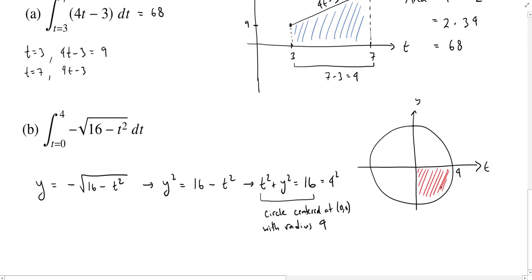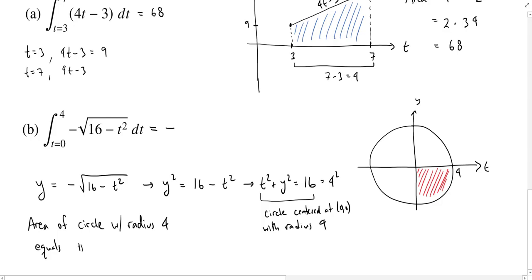Well, how much negative? How much negative are we going to get? Well, it's a quarter of the circle. So all I need to know is the area of a circle with radius 4, and then I just want 1/4 of that. In general, the area would be pi times the square of the radius.